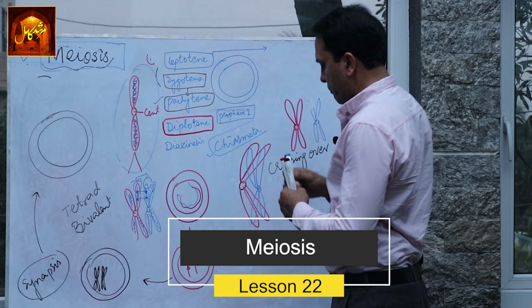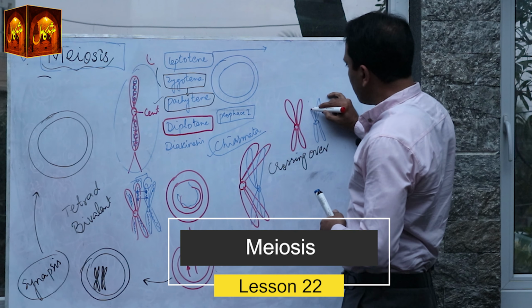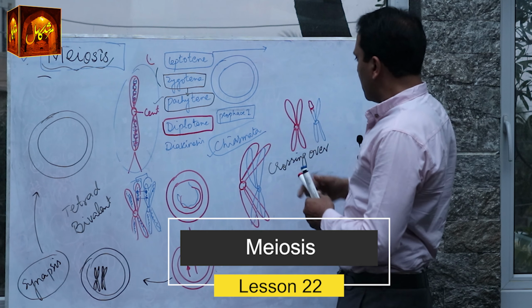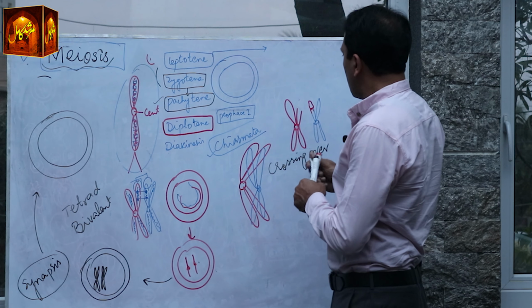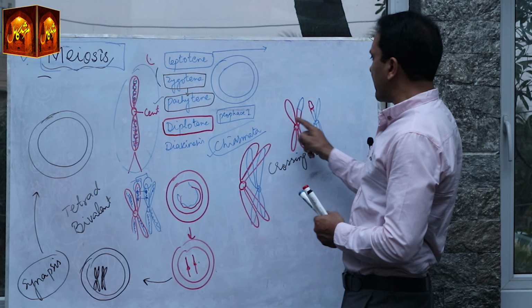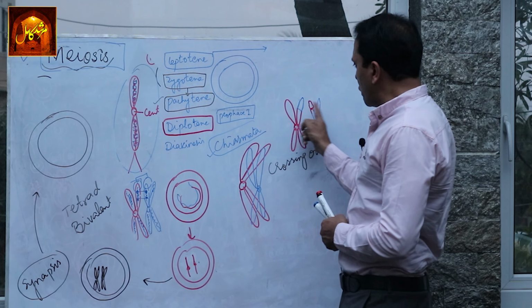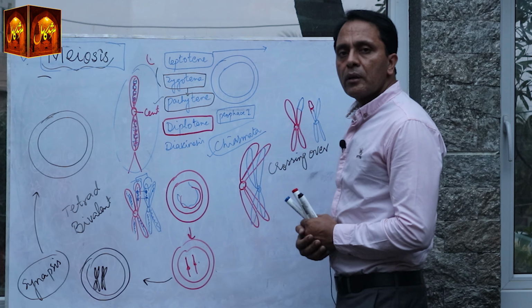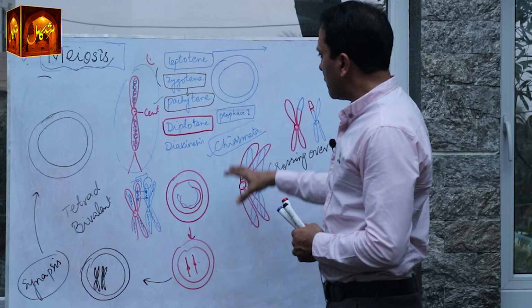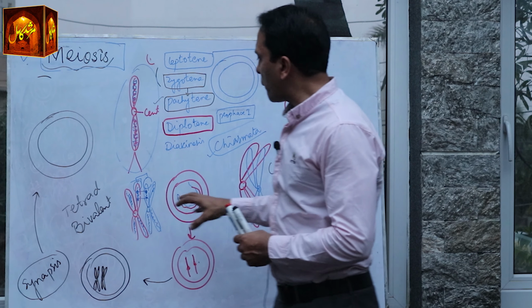A part of this chromosome is now there with changed genetic material, and the same is the case with this chromosome. This is a result of crossing over. So this was all about the process of prophase 1.